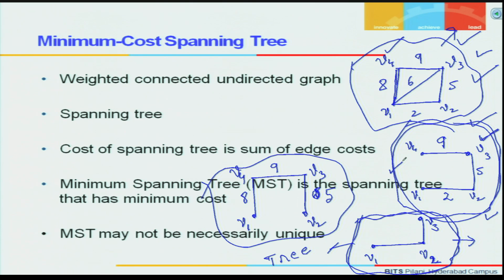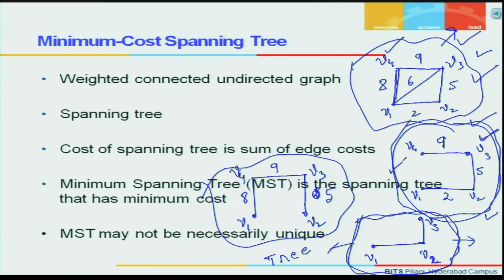And as I told, there can be more than one minimum spanning tree. That means there can be two spanning trees which have the same cost, and both of them can be a minimum spanning tree. That means minimum spanning trees are not unique.